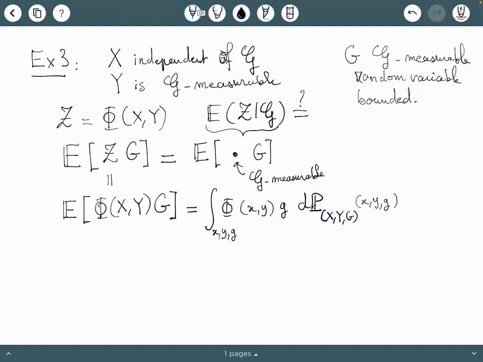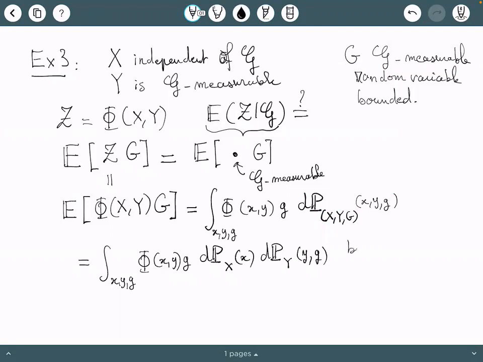So we can write it as the integral over x, y, g of phi x, y, g. So since X is independent of Y and G, we have this property that you can factorize the law. It becomes a product measure.